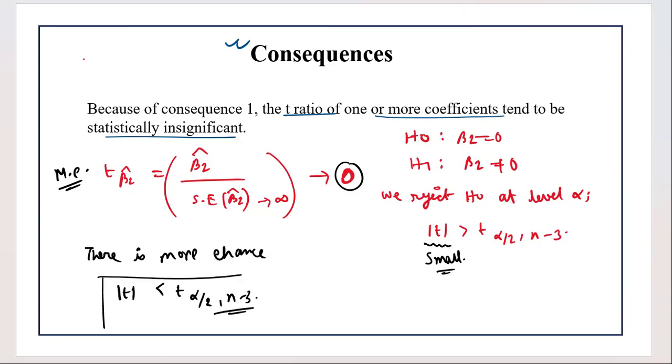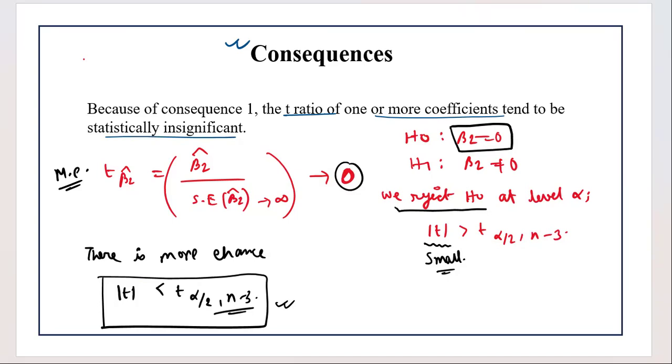Now, if this scenario is more likely, then it is more likely that we would not be rejecting H naught, right? We will be in the acceptance region and will not be rejecting H naught, which basically means that the variables will be insignificant in nature. The t statistic will be very small, which means that the probability of accepting H naught is very high. I hope this consequence is clear.